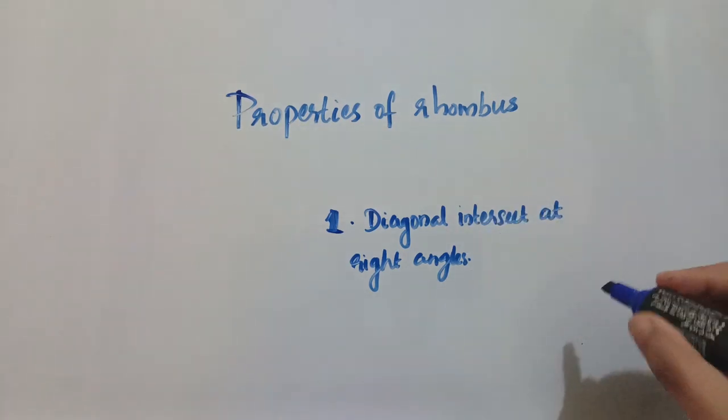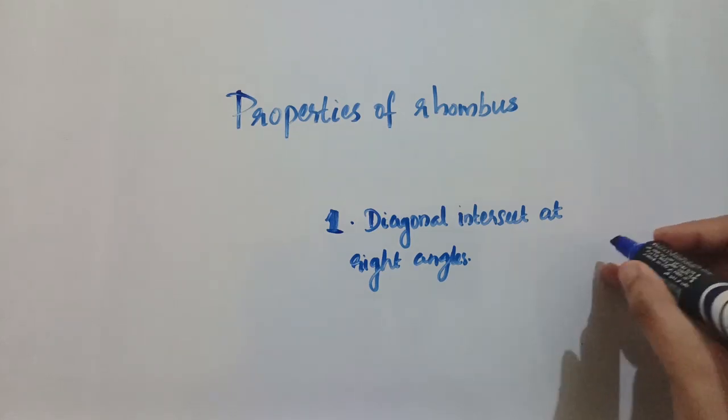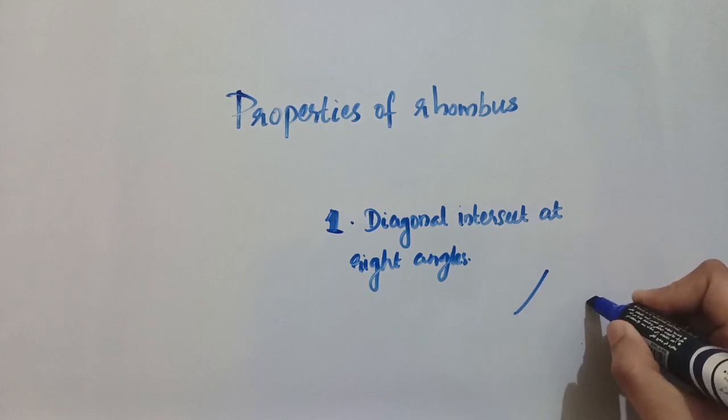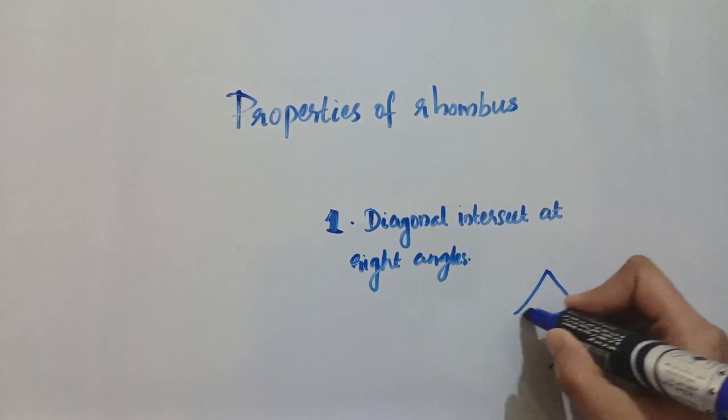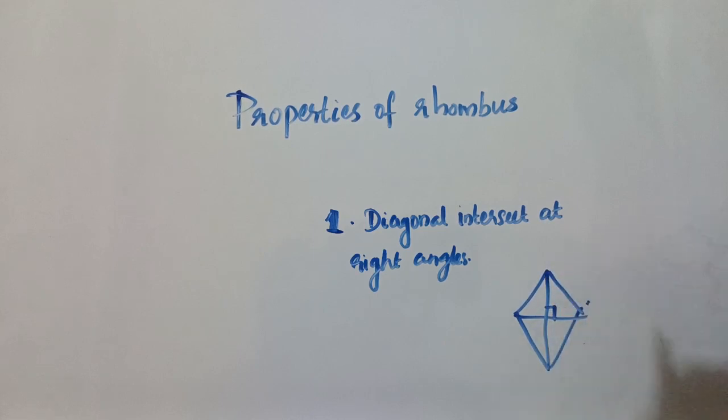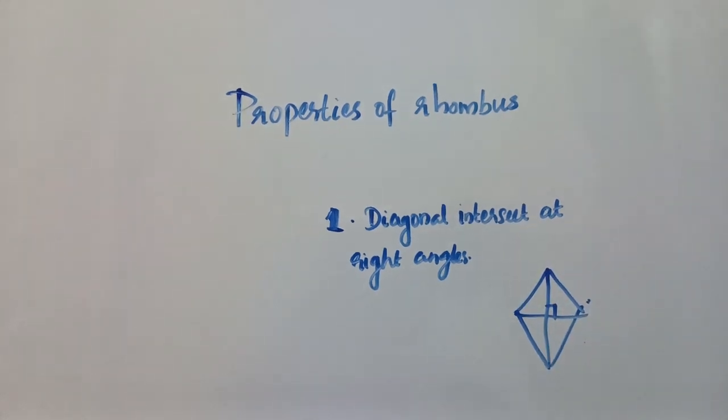If diagonals intersect, the angle is 90 degrees. We can check one rhombus. Its diagonals intersect at 90 degrees.